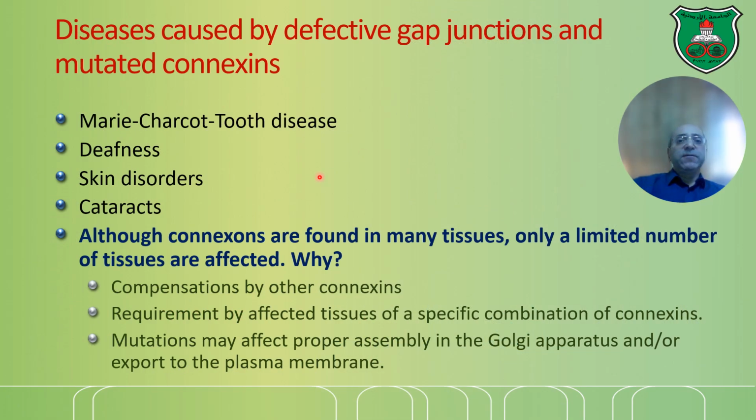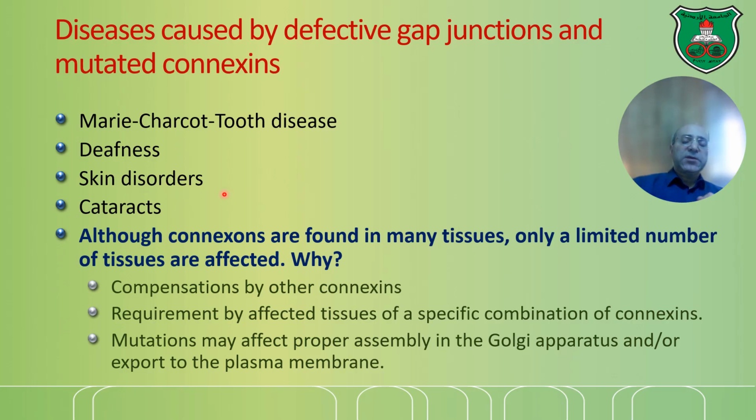Now, defective connexins or gap junctions are associated with a number of diseases. Examples include Charcot-Marie-Tooth disease. We talked about this disease a lot, actually. So deafness, skin disorders, cataract.